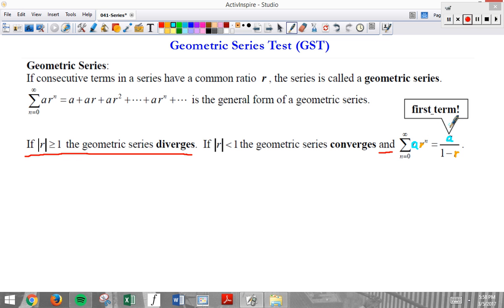You must know this. And this formula only works when the absolute value of r, the multiplier, is less than 1. Not less than or equal to, strictly less than 1. r has to be a number like 1/2, negative 1/2, 1/3, negative 1/5. If r is a number like 2 or 1 or negative 1 or 5, it diverges.